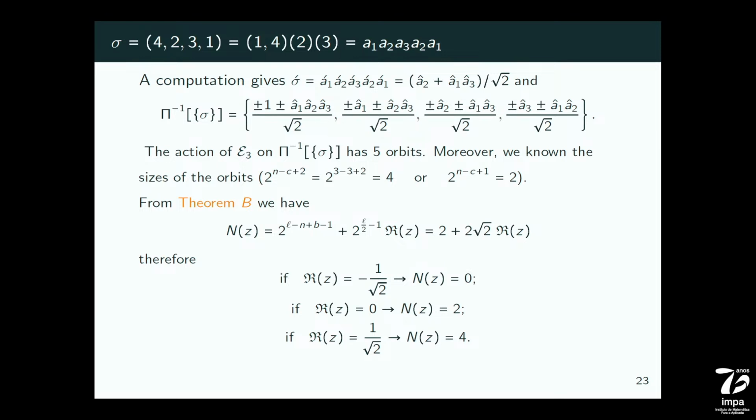They have size 4 or 2, and for each z here, we can see that the real part is plus 1 divided by this, or minus 1 divided by this, or 0, yeah? And so how many ancestors do we have? If the real part is 0, we have 2. And if the real part is 1 divided by square root of 2, we have 4 ancestors of dimension 0, okay?